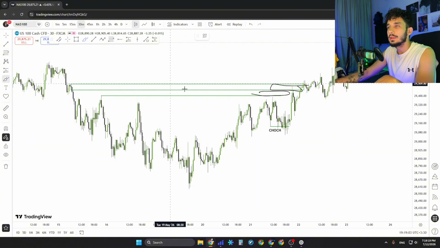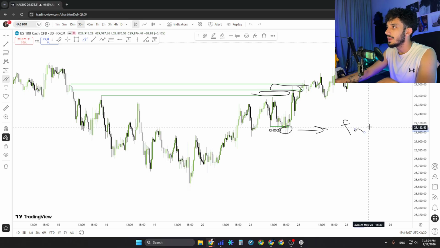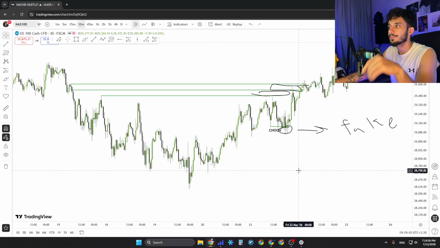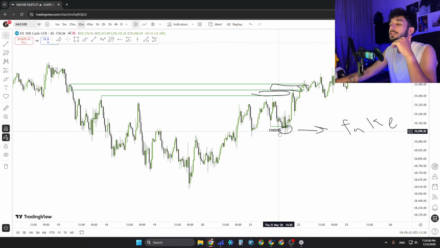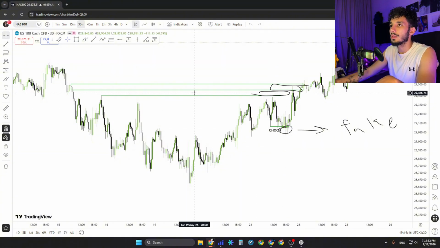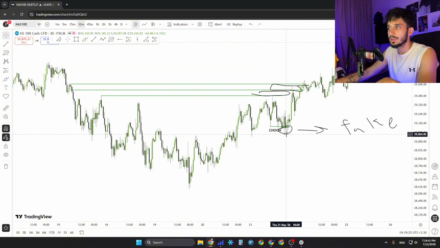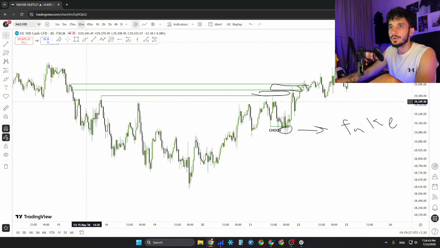So you see, this change of character is fake, and it is going to fail, because this liquidity is here, these orders are here, and this high is rejecting from nowhere. That's why this change of character is not going to work for you.